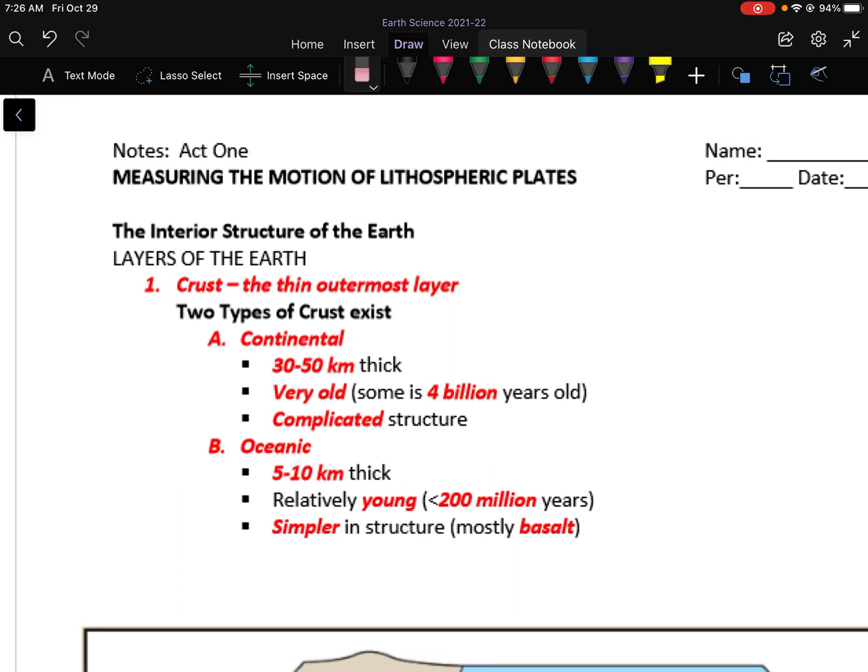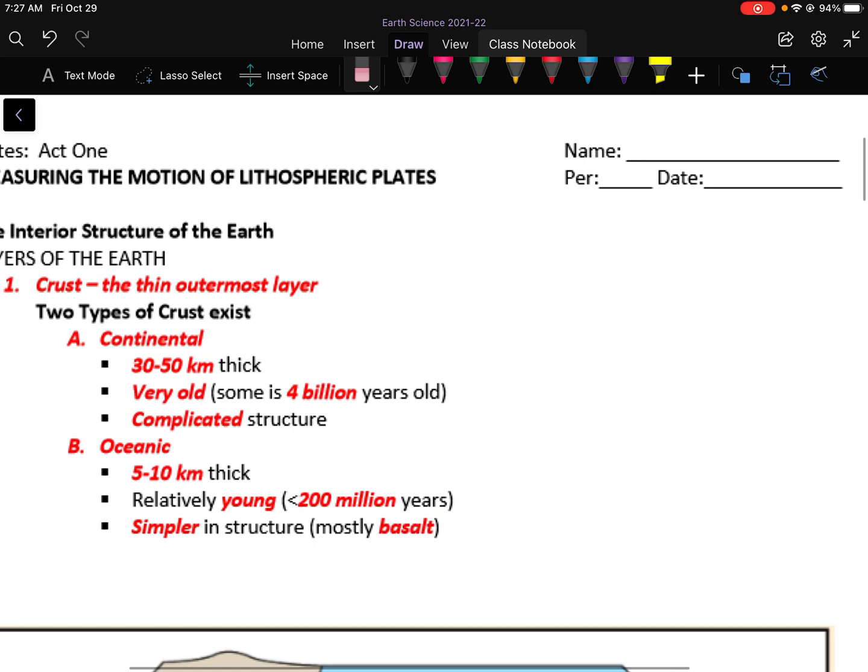Whereas continental crust is way more complicated, so a much wider variety of rocks and minerals, much different topography, and it's quite a bit older as well. So if we're going to the bowling ball analogy, we have thicker and thinner chocolate plates. The thicker ones would be the continental crust, and the thinner, more dense ones would be the oceanic crust.